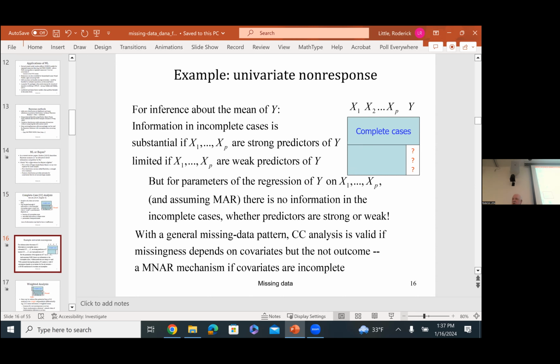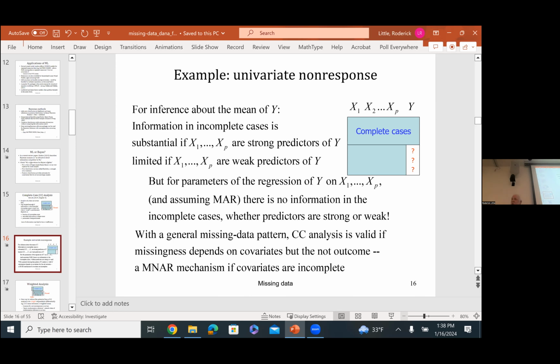So they're all very good predictors of Y. Then if I was really interested in the mean of Y, say in a clinical trial, maybe I'm just looking at one of the treatment arms, so I'm interested in a mean outcome for that treatment arm. Then Y is missing, but I have some good predictors of Y. So that's a situation where the incomplete cases could have quite a bit of information about the mean, right? Because you can predict it pretty well from x1 up to xp, then you might want to include those cases and fill in the missing values of Y somehow.